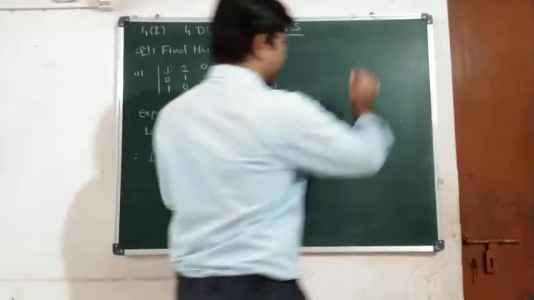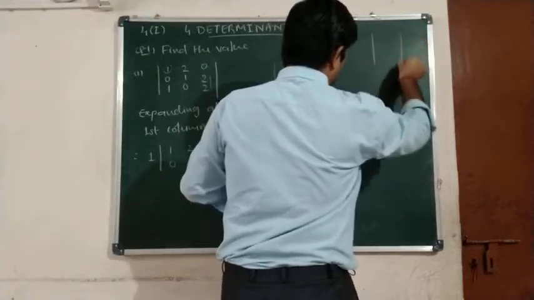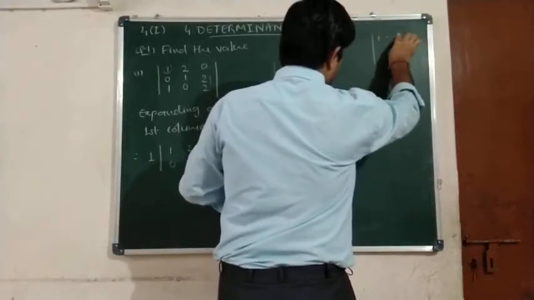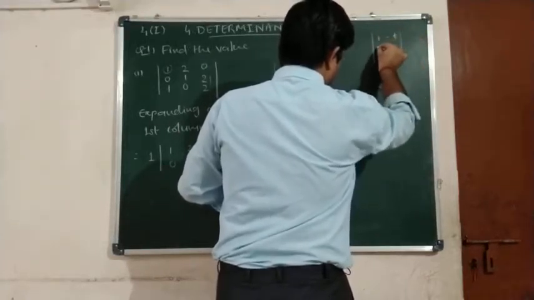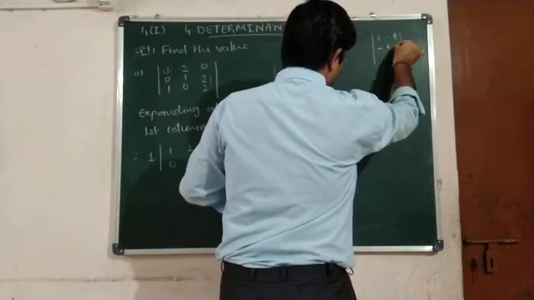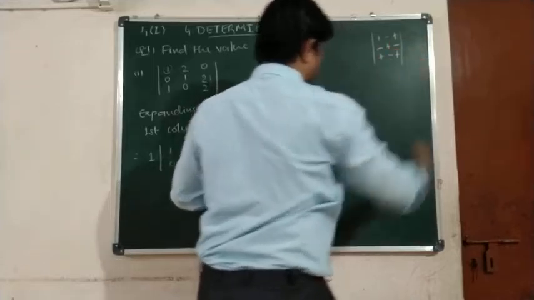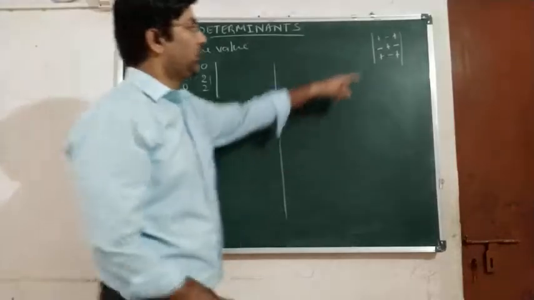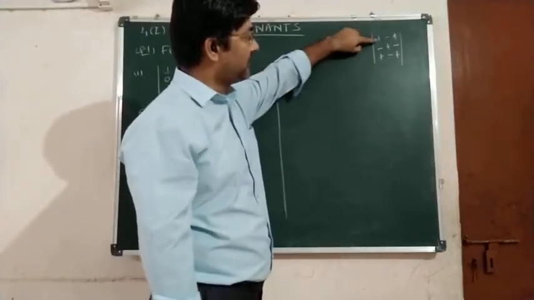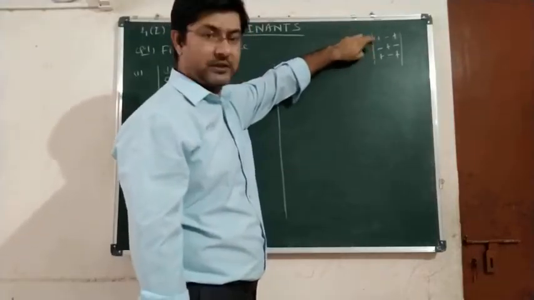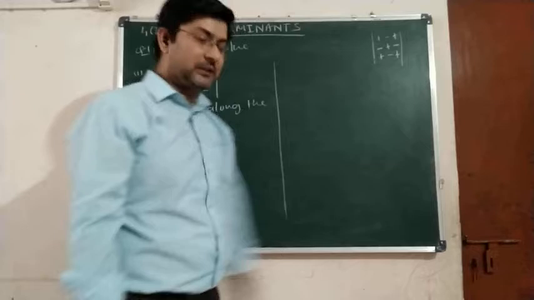I have already given you the sign convention, and for expansion you must remember it. Since we are expanding along the first column, the sign convention will be plus, minus, plus. So the first term is plus, second minus, and third is plus.